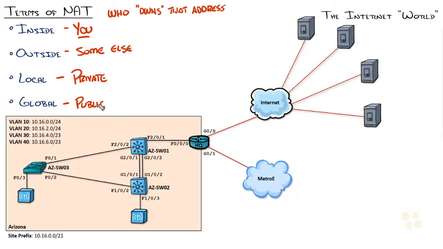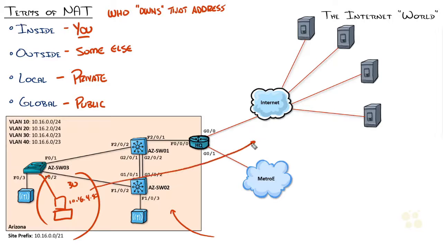So now let me talk about the terms. When you're working in the NAT world, Cisco refers to the things that are inside your network. So let's just say you've got a computer right here. It's on VLAN 30, so it has the IP address 10.16.4.50. It's going to go out and access the internet, and there's a public IP address assigned right there.